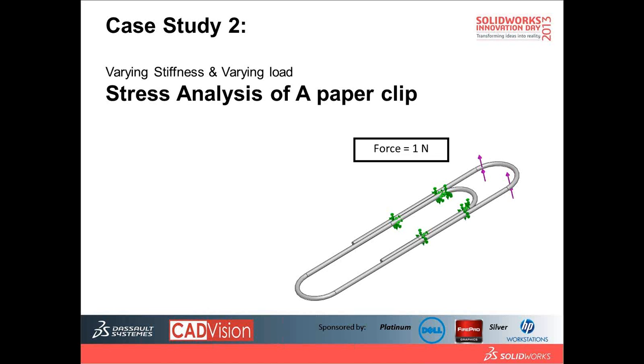Let's see what these two assumptions, varying stiffness and varying load, do at this stage. Let's say we're fixing the inner part of the paperclip, and we are applying 1 Newton force at one of the ends.